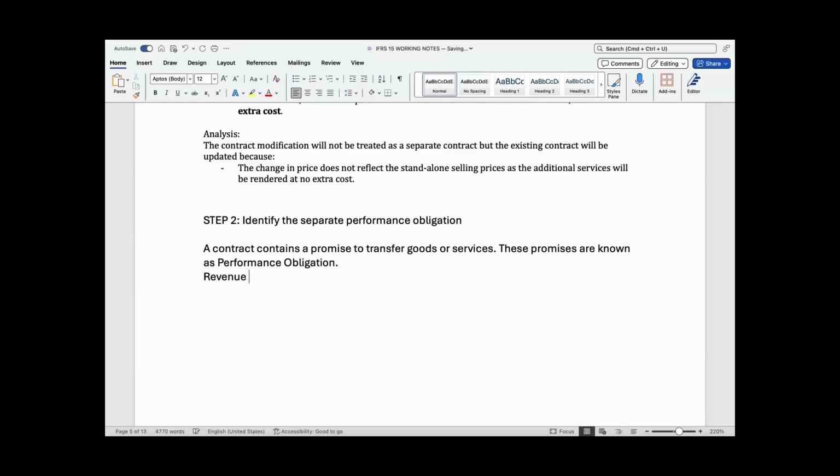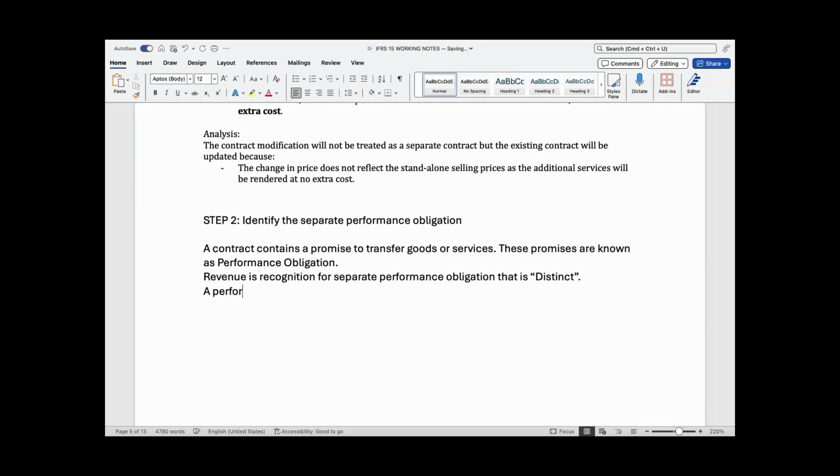And revenue is recognized for a separate performance obligation that is distinct, quote and unquote. So we usually recognize revenue for a separate performance obligation that is distinct.